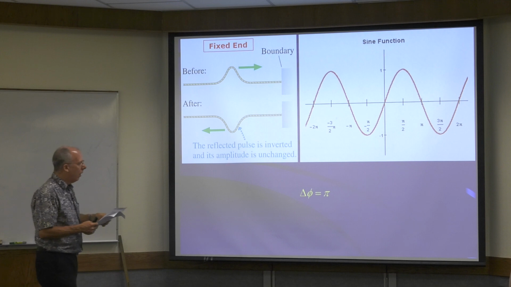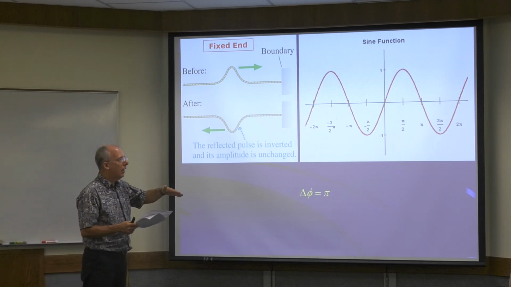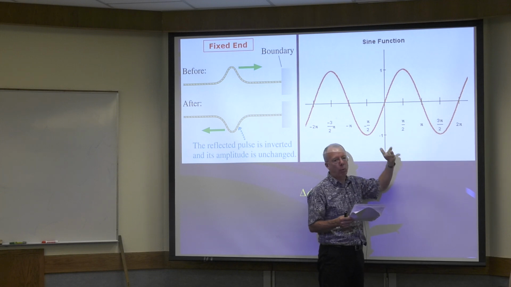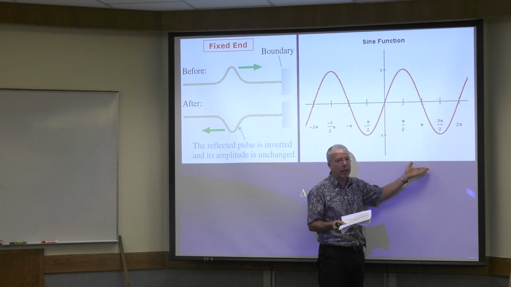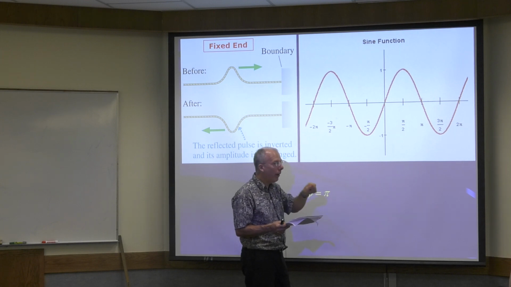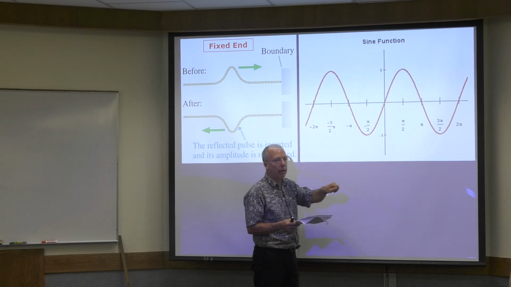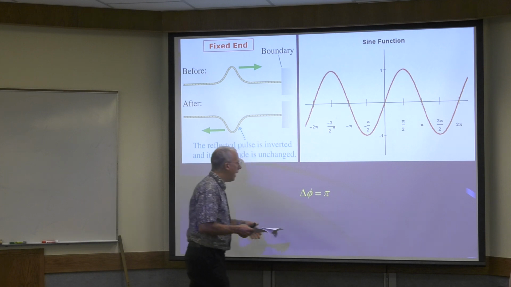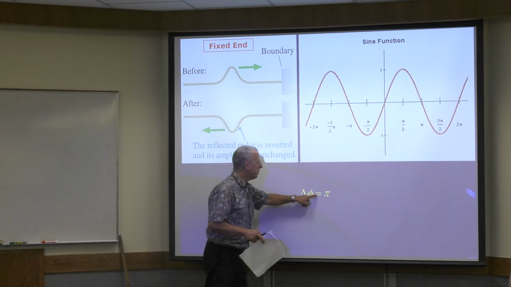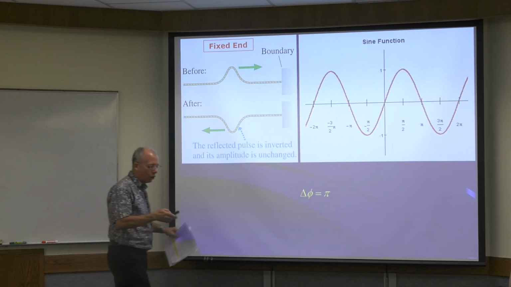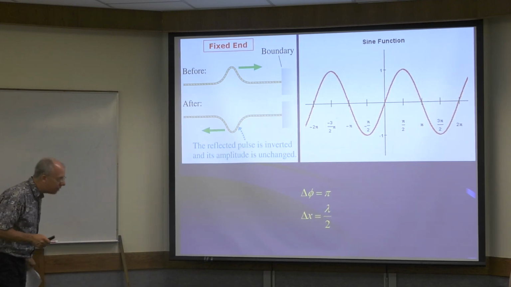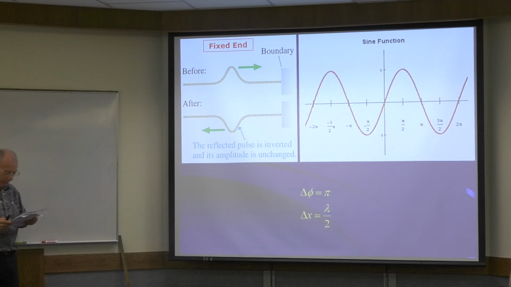Okay? Now, what path length is going to flip this guy? If we have a path length of 1 wavelength, it's going to look the same, right? If we have a path length difference of a half a wavelength, what's it going to look like? Like it's flipped. So what I'm saying then is that a phase difference of pi is equivalent to a path length difference of a half wavelength.